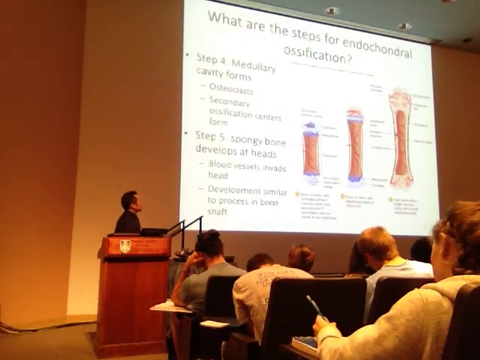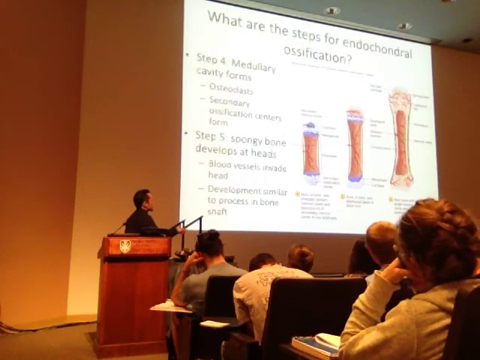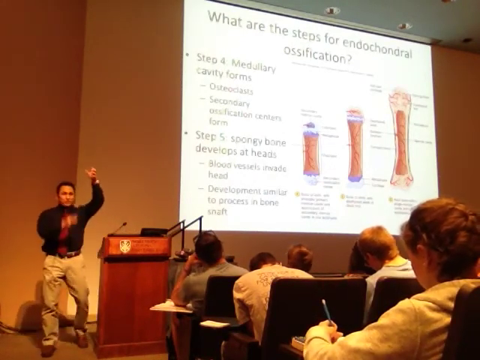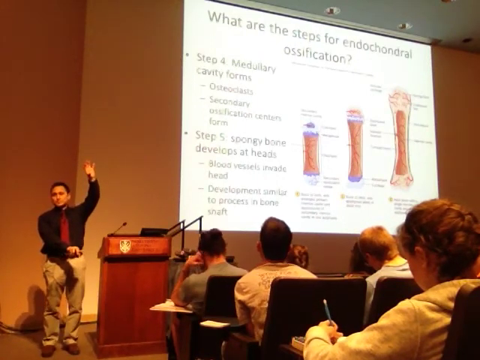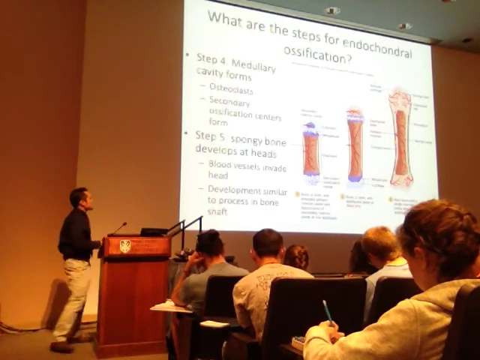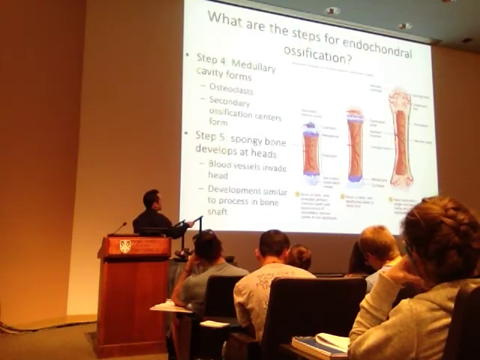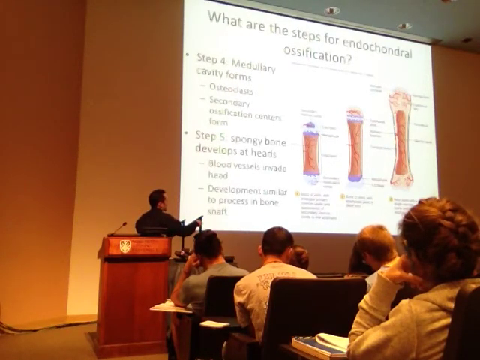And then you start to set up our secondary ossification centers, which now happen on the established epiphyseal ends. We first started down the shaft portion, now we're on the ends of the bone. And what we're going to see happen is, as we get the secondary center from the primary center, we actually have this part of cartilage that's left over.